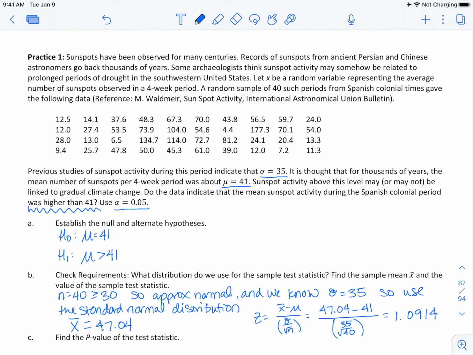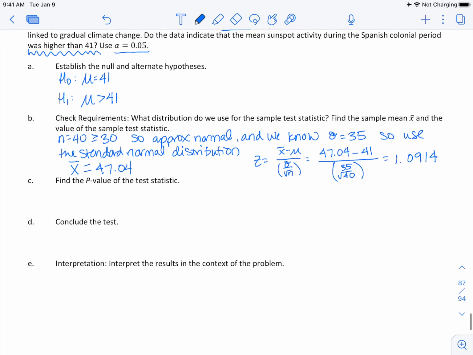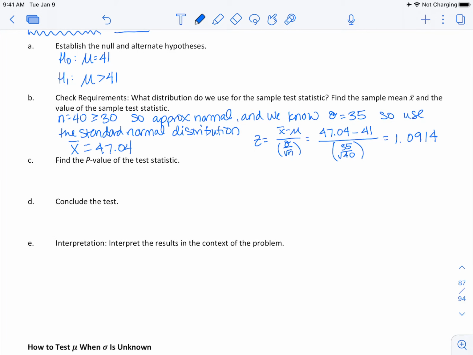Okay. Now we have to find the p-value of the test statistic. So I want you to find the p-value for C, and then based on the p-value, I would like you to conclude the test. Okay, so if you recall, the p-value, we're finding that our z is greater than 1.0914.